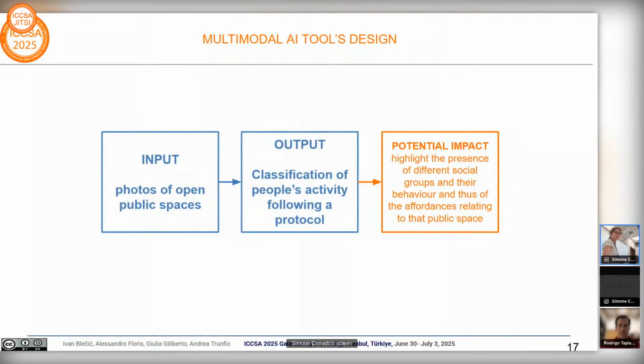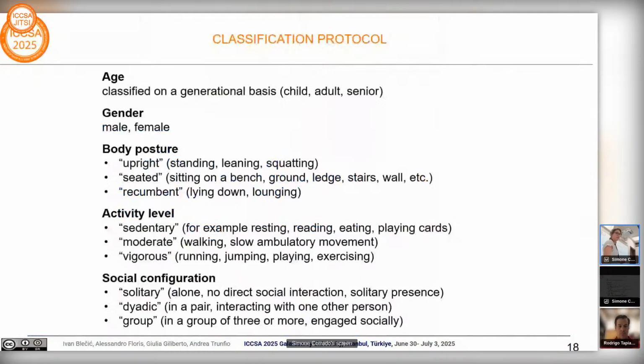So we have defined the classification protocol that I mentioned before, which consists of 5 features connected with the concept of affordances. We classified people by age, gender with an error, body posture, activity level, and social configuration. Body posture: if people are standing or walking, for example, seated, recumbent.